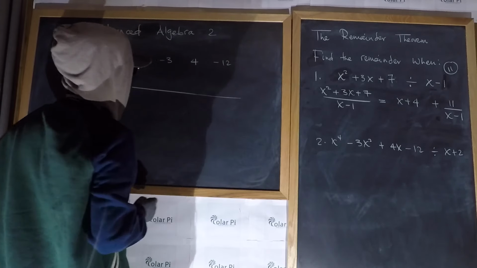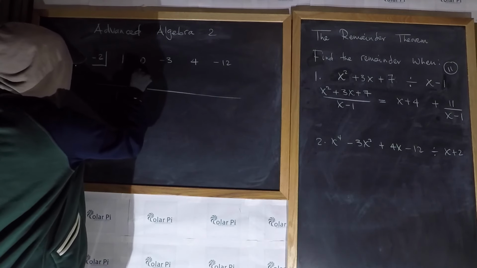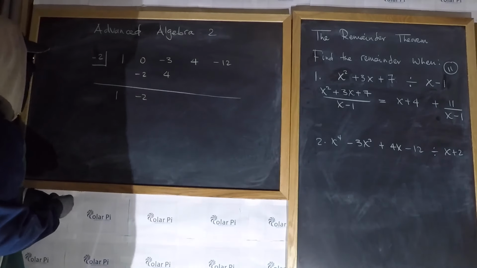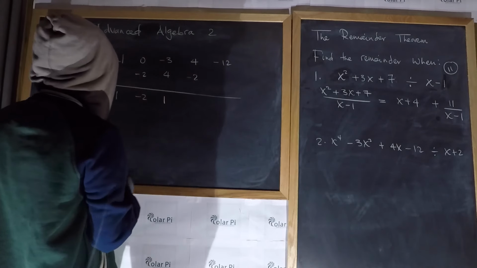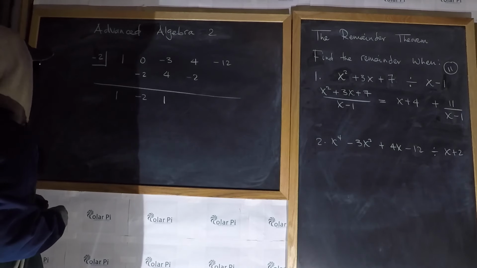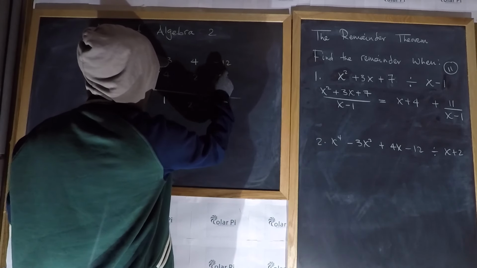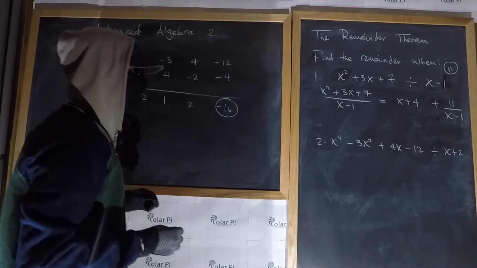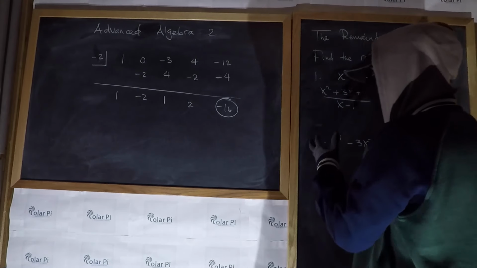Then we bring down the 1, then negative 2, then 1, then 2, and negative 4, and the remainder is minus 16.